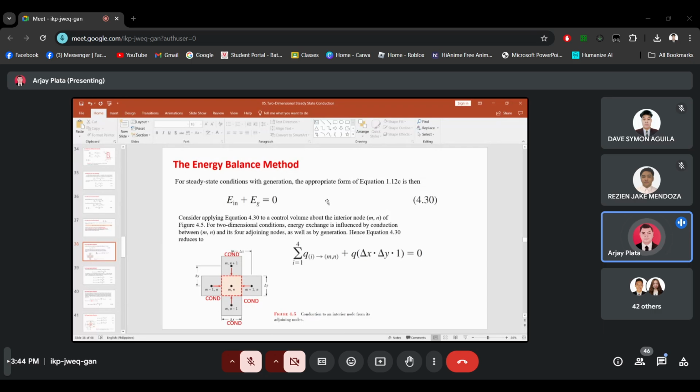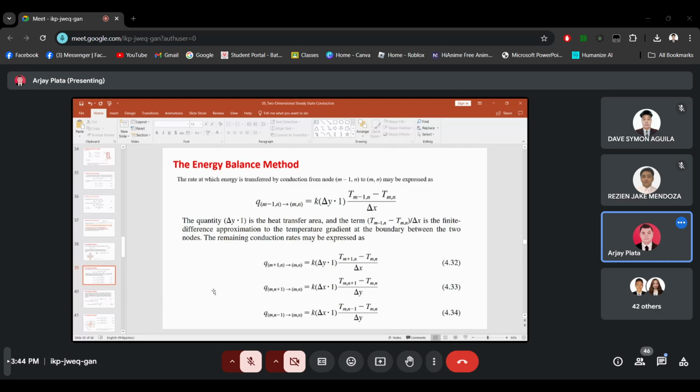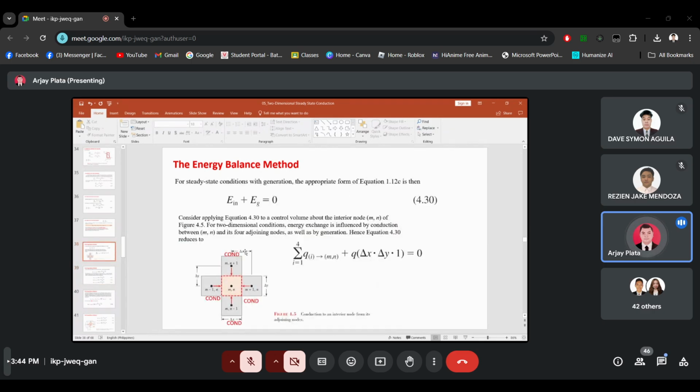So for Qm minus 1n going to Mn, the perpendicular area is delta y times 1.